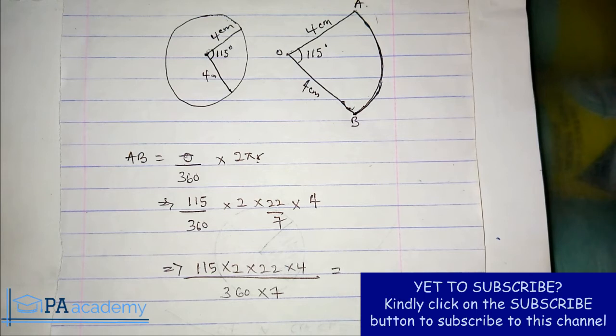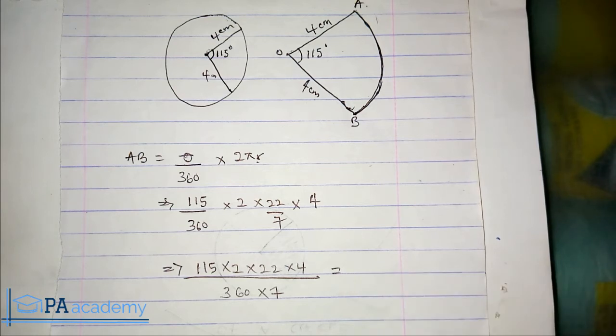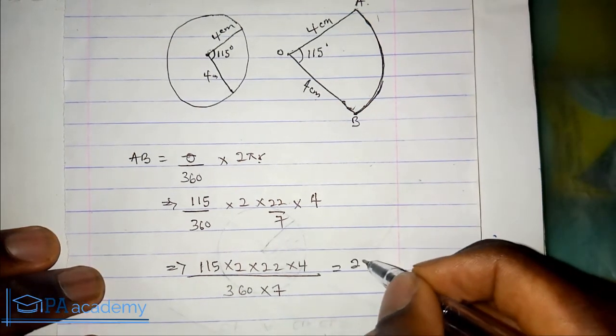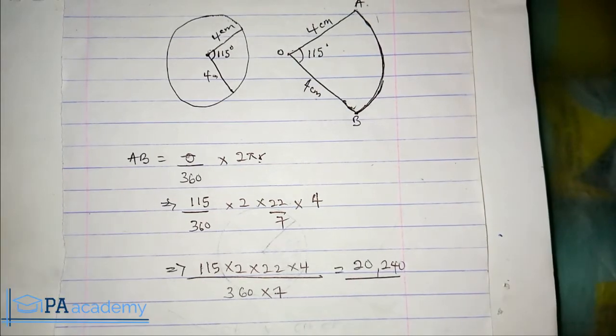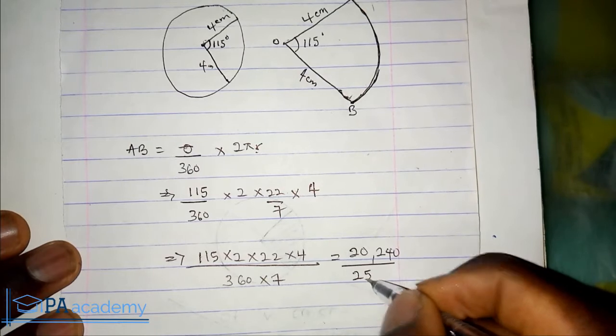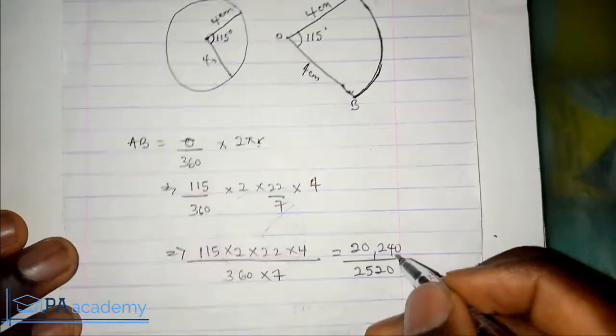So 115 multiplied by 2 multiplied by 22 multiplied by 4 gives us 20,240, divided by 360 times 7, which gives us 2,520.